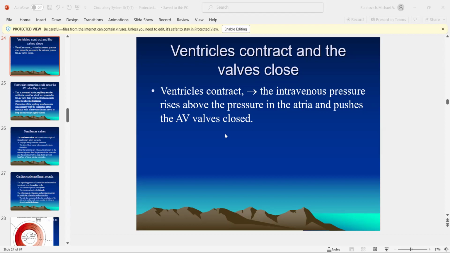Some numbers to consider. End diastolic volume, or EDV. That is the blood that is in the ventricle at the end of diastole before the ventricle contracts.